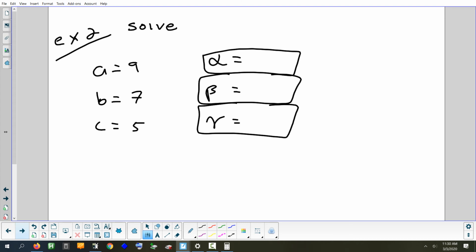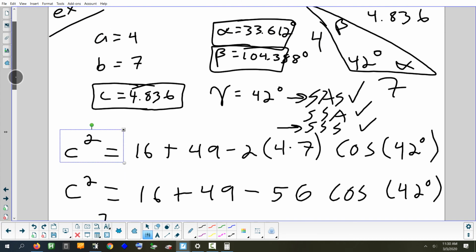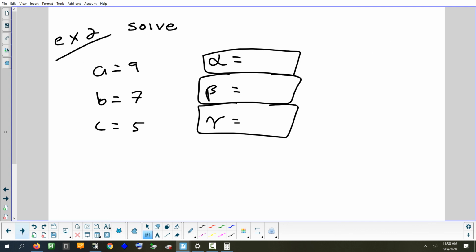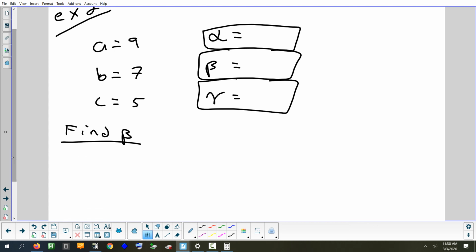We'll do it twice. So we already did the version where we solved for alpha. Let's do the one where we solve for beta and gamma. How does the law of cosines start out to find beta?